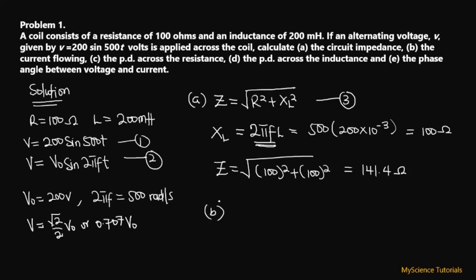Now, the B aspect of this question is asking us to find the current that is flowing through the circuit. So we know that our voltage, or the root mean square voltage, is equal to IZ. We know our Z, which is the impedance, but we don't know our voltage. But remember, I said that our voltage, which is this voltage over here, is equal to this formula, which I'm saying √2 on 2 V0, or 0.707 V0.